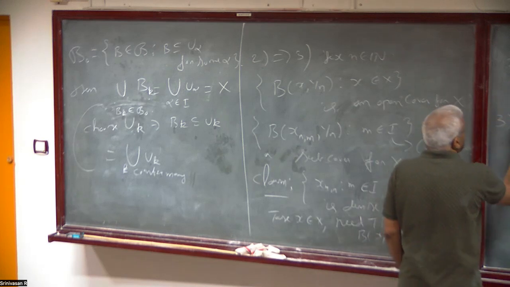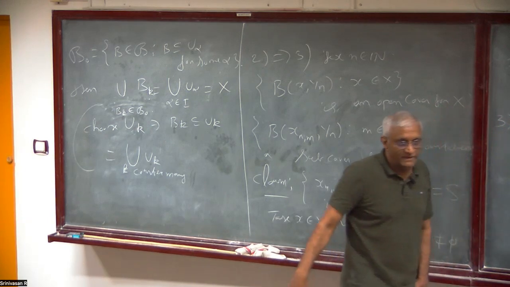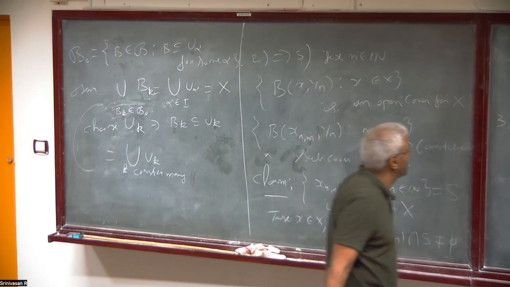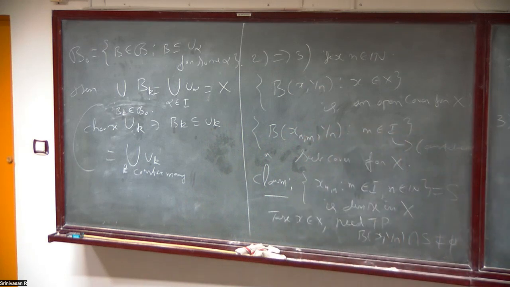Now 3 implies 1, which is also very easy. So now X is separable, so X has a countable dense subset. Then we want to prove that. So let S contained in X be countable dense.